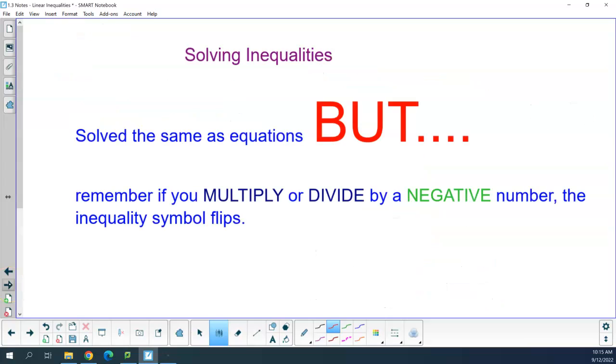Okay? When we're going about solving an inequality, it is no different than when last week we were solving equalities. What we do to one side, we do to the other. To move something, you've got to do the opposite.